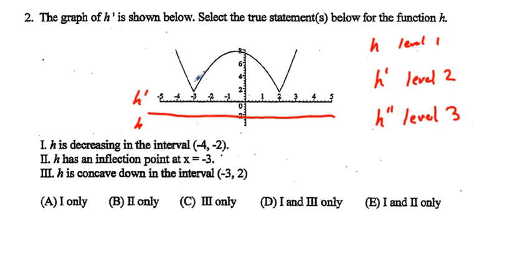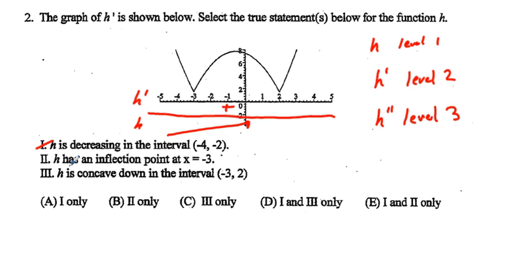In fact, H prime is above the x-axis at every place seen. So for all the intervals shown, H prime is positive, so the function is always going to be increasing over the entire interval. So H is not decreasing at all.